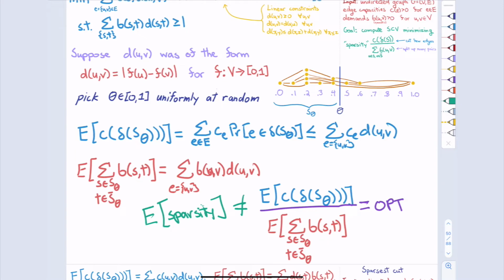So we haven't actually quite finished yet, although those calculations are useful. What I really want to show is that there exists a cut with very good sparsity. We haven't quite got there yet. There are some technical issues. Any ideas of how to address it?